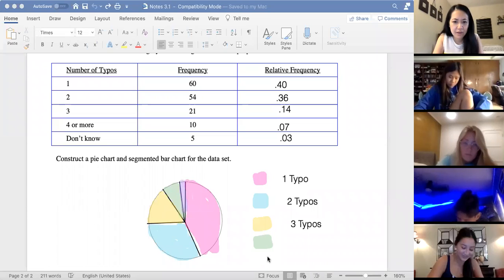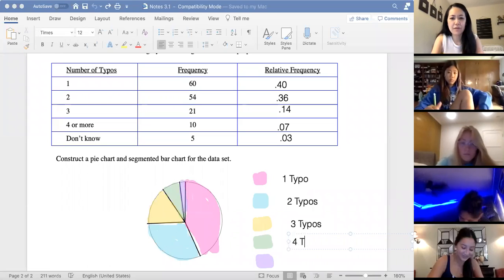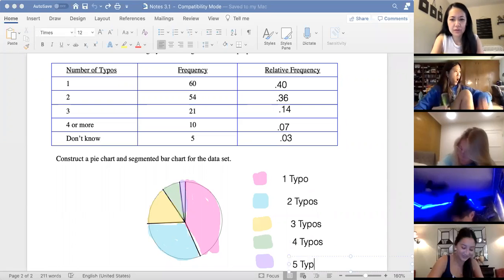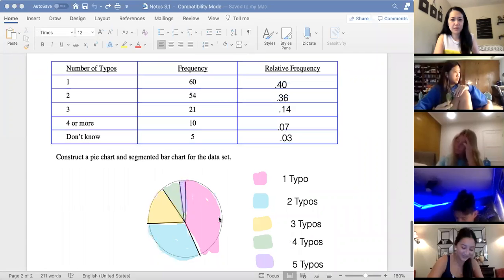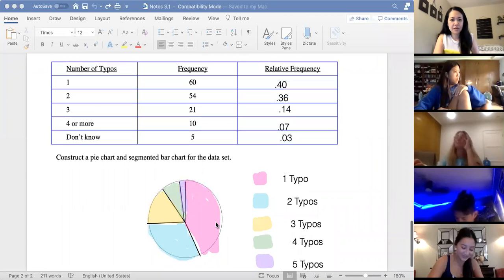All right, 4 typos, and then 5 typos. Okay, so that's the pie chart.